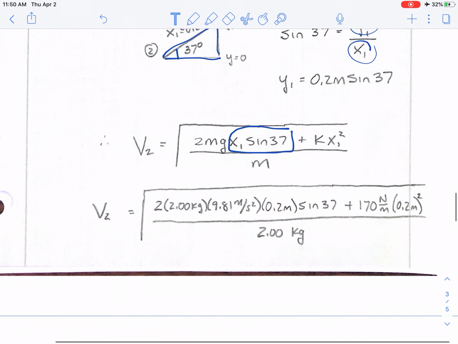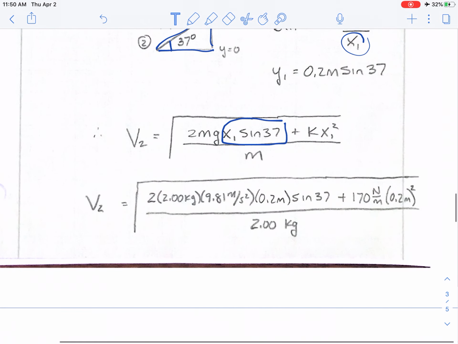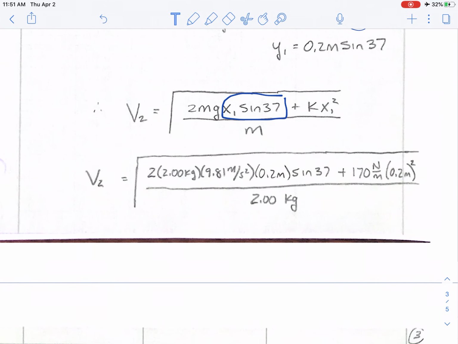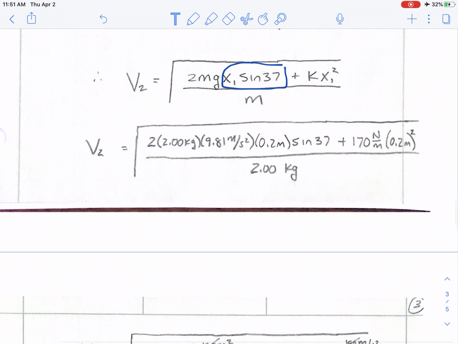Okay. Now we are going to plug the numbers in here again. Make sure to check the units as well. Newtons is kilogram meters per second squared. So we're going to get rid of those kilograms with this kilogram here at the bottom, and you get then meters squared per second squared.